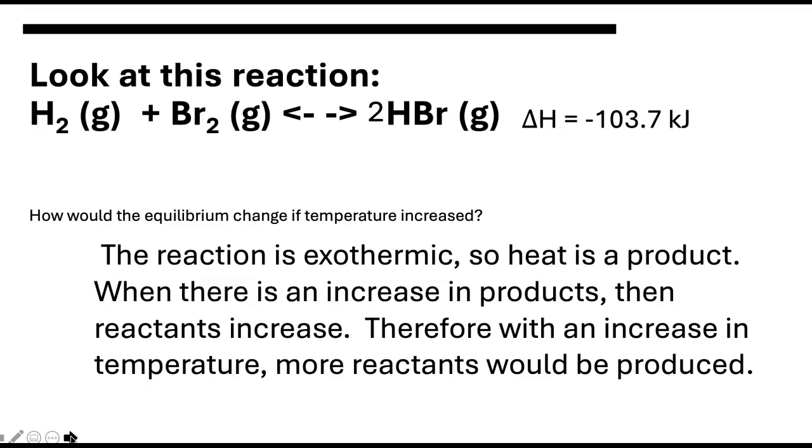So our equilibrium would shift to the left or in the opposite direction, so more reactants would be produced. Another way people like to take a look at that is that it's going to shift away from the heat. So using that delta H value, you figure out if heat's given off, it's a product, or if heat is taken in, an endothermic reaction where heat is a reactant.